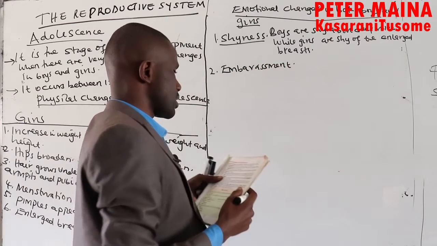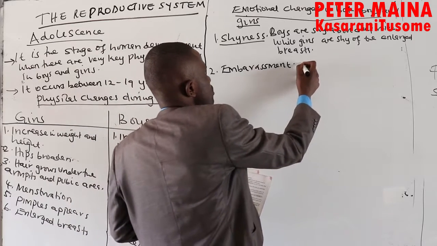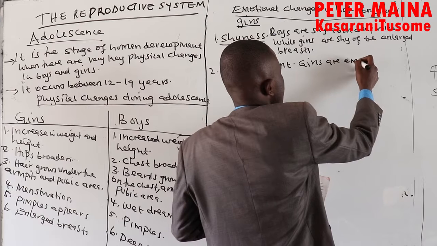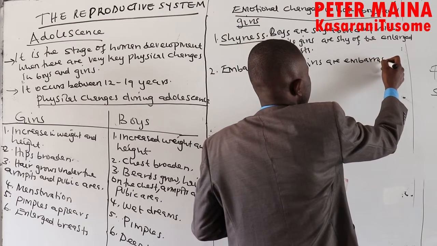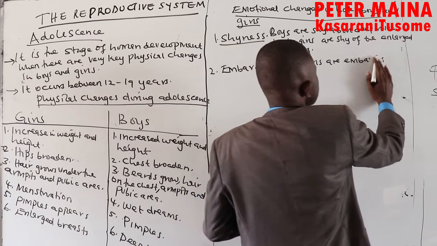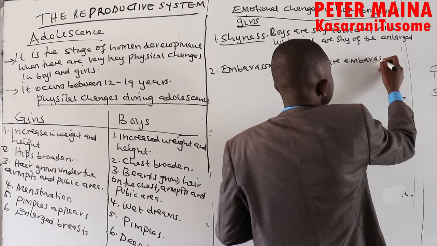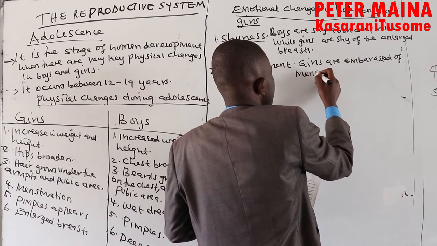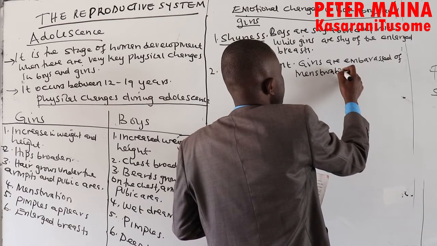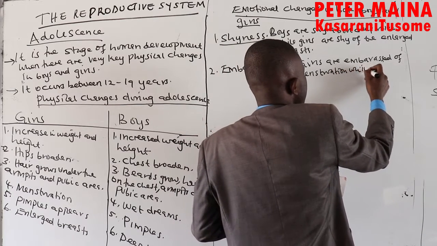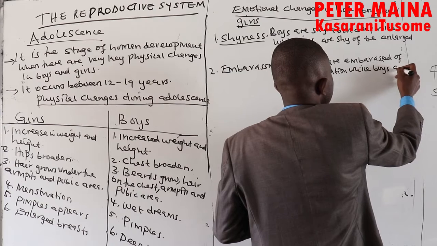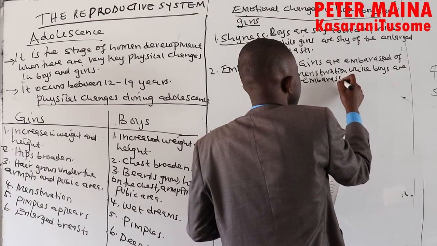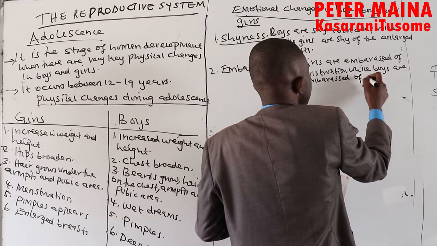We are told that girls are embarrassed of menstruation, whereas boys are embarrassed of wet dreams.